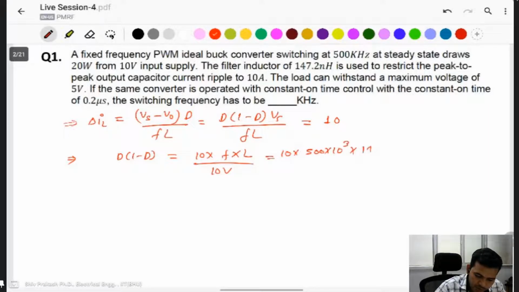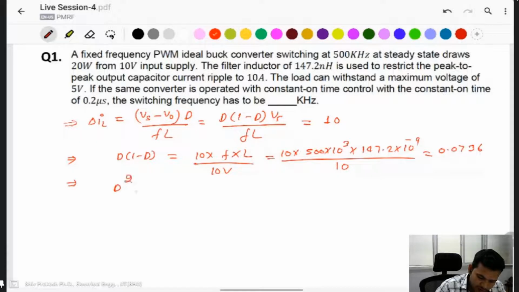Inductor 147.2 into 10 to the power minus 9 by 10. Calculate this, and you find the value of 0.0736. Then you solve the quadratic equation.